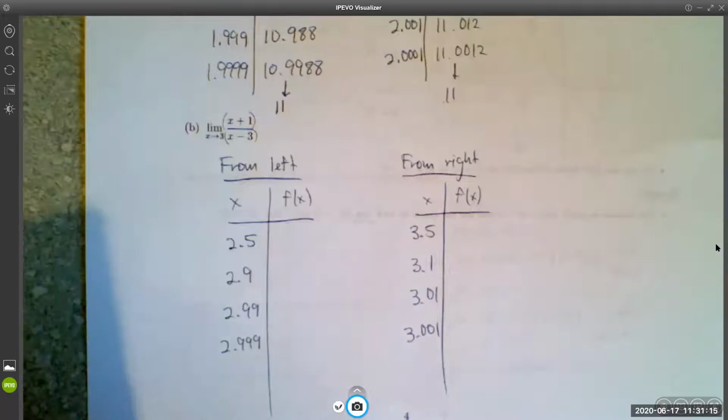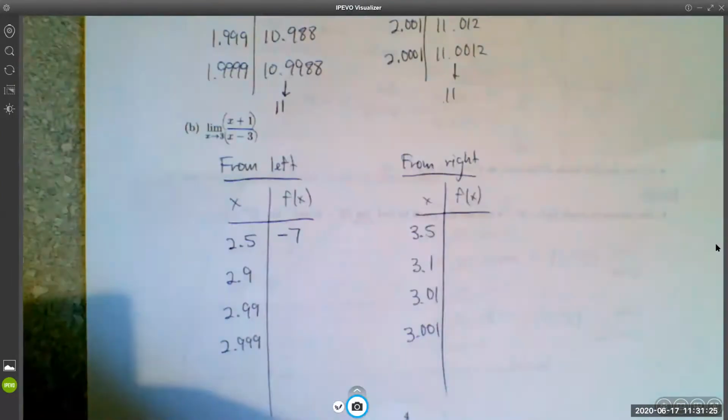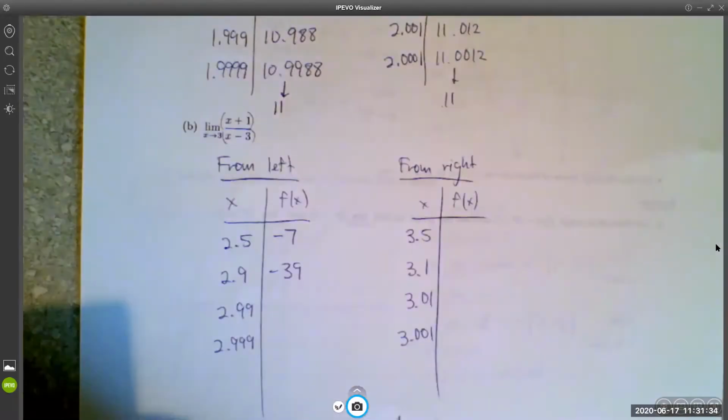Okay, so I'm going to have 2.5 plus 1 over 2.5 minus 3. I'm getting negative 7. I'm going to replace that with 2.9 instead. We get negative 39. Oh, wow. Seems like that's exploding.